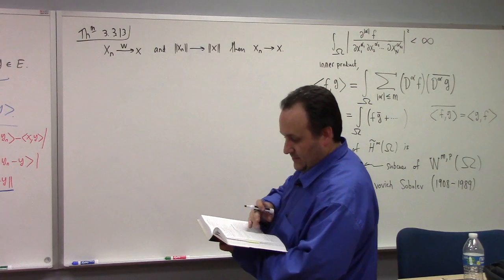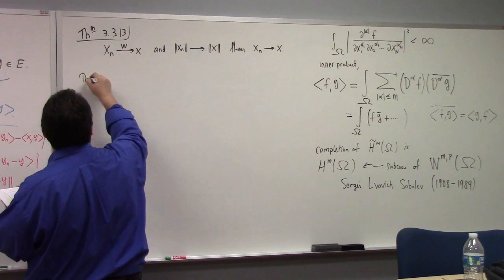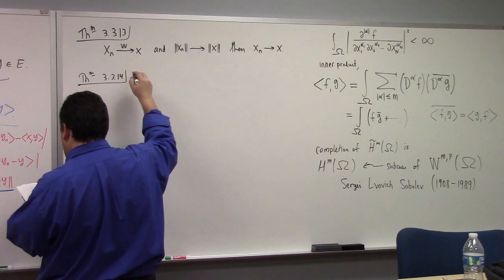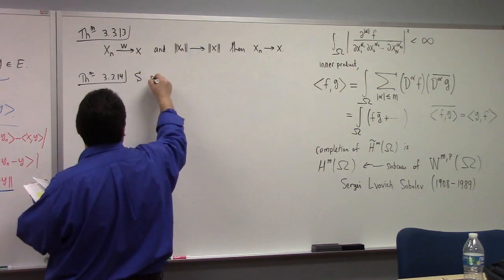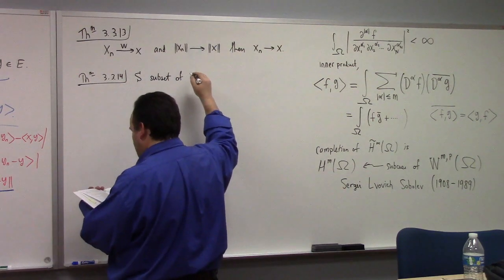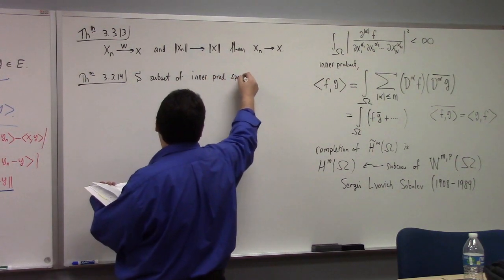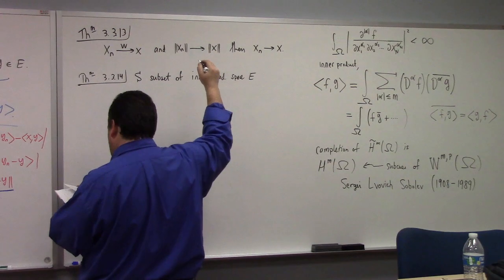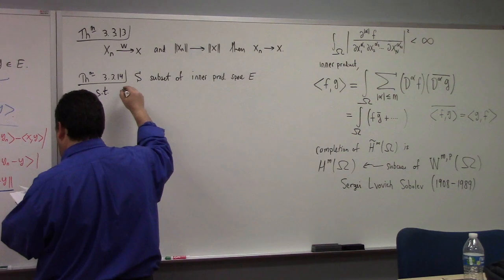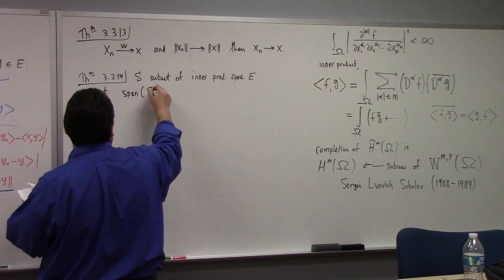And then theorem 14: if you have S, a subset of inner product space E, such that the span of S is dense in E. What's the span, by the way?